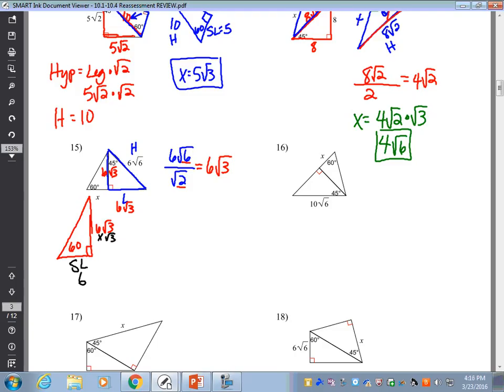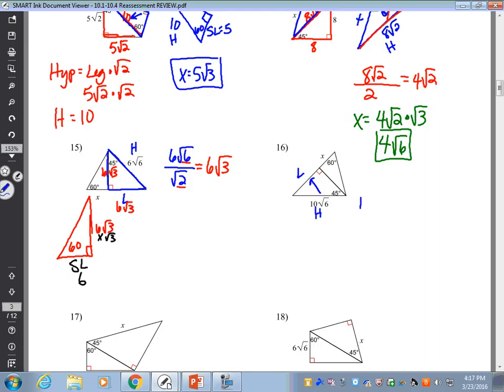So number 16 is very similar to number 15. The only difference now is that there's just one in the short leg. So we're going to start with the hypotenuse and go to the leg.